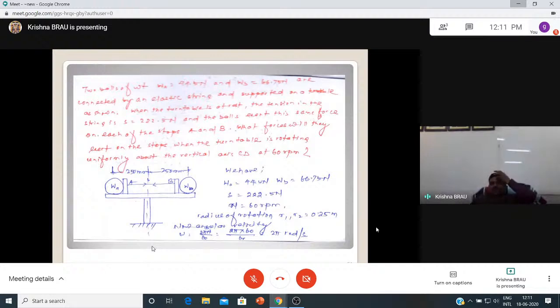Two balls of weights WA and WB, 44.5 Newton and 66.75 Newton, are connected by an elastic string and supported on a table as shown in the figure.